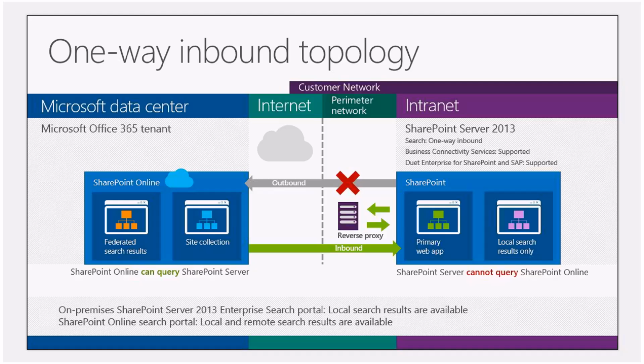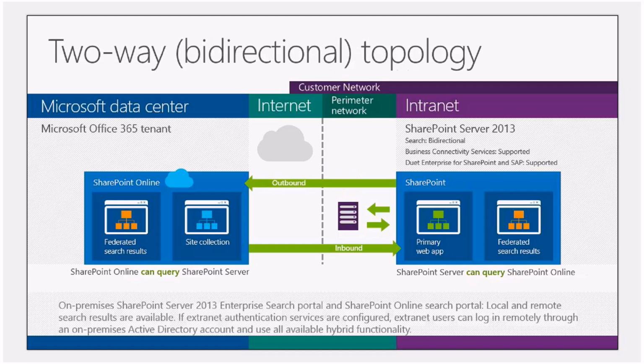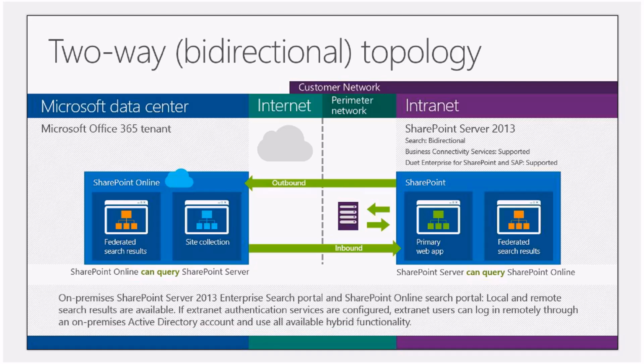If you anticipate that the majority of content would reside online, then an inbound topology will provide the optimal user experience. If you're choosing to implement a long-term hybrid deployment that's inclusive of a migration phase, where there'll be a constant transition of data between on-premises and online, then a bidirectional topology would provide the optimal user experience.